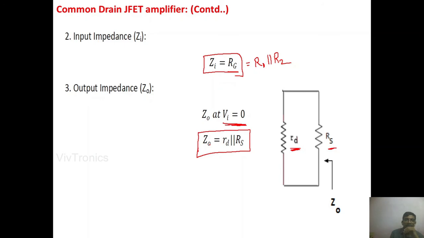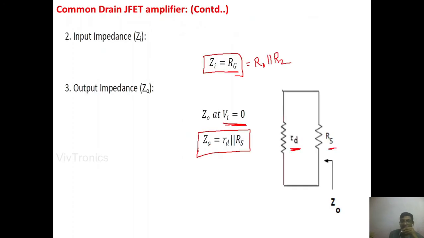Okay, I hope you understood the topic. So next we are going to see the common gate JFET amplifier. As we have already discussed, the common drain amplifier will be used whenever we require impedance matching, because the input impedance of this common drain JFET amplifier is large and the output impedance is small.